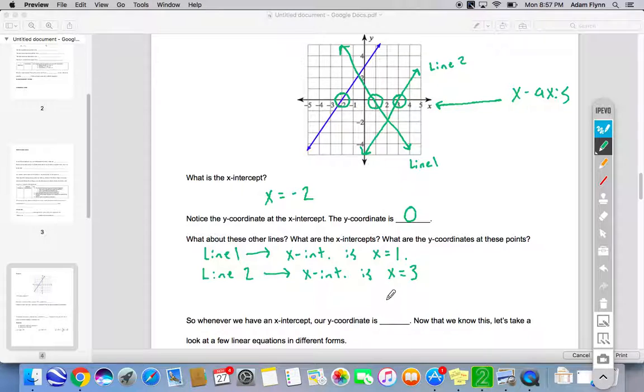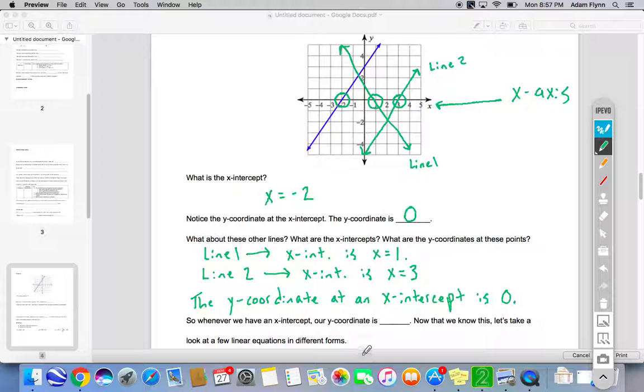Okay? But if we take a look at all three of these lines, what they have in common, the y-coordinates at all of these points is 0. So the y-coordinate at an x-intercept is 0.